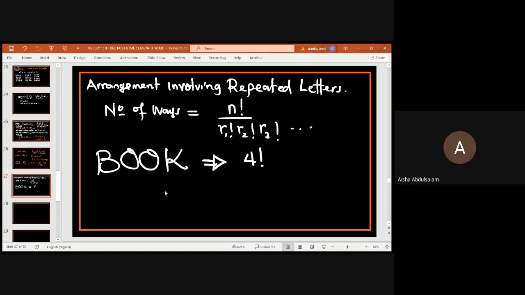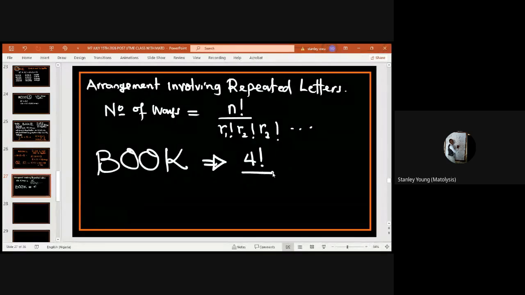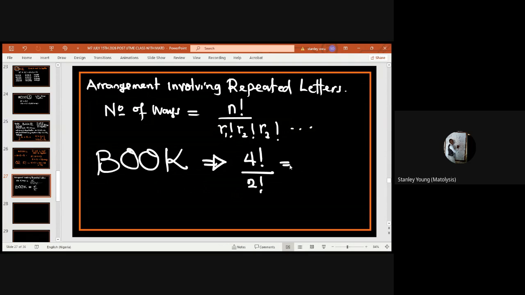O is repeated, and the number of O's there are 2. We just do over 2 factorial. So in this case, it's going to be 24 over 2. That gives us 12. So we have 12 ways.